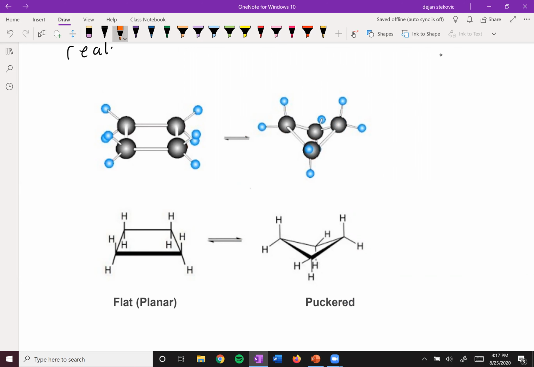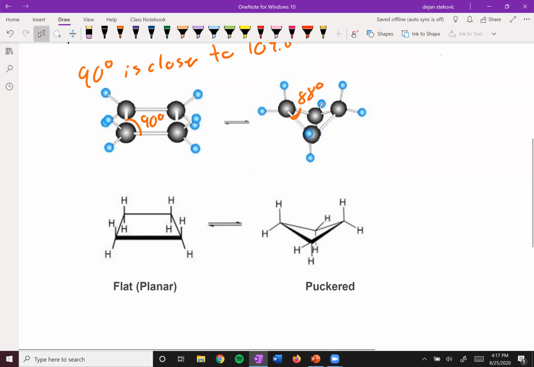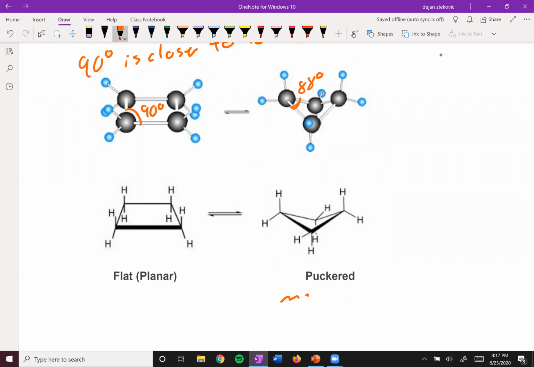And in the flat structure, these bond angles are 90 degrees, whereas this bond angle is 88 degrees. And so you can think about which one of these is closer to 109.5 degrees. It's actually the 90 degrees. So the one on the right has more angle strain.